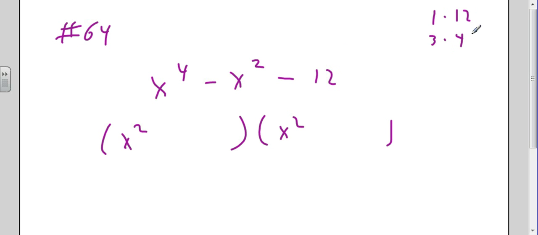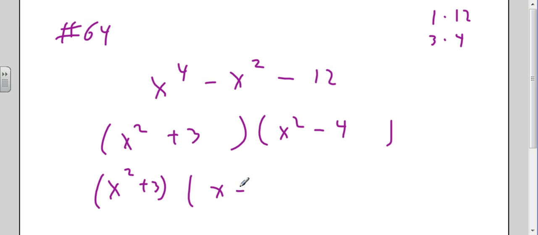Okay, if the 4 were negative, then I'd be there. Okay, so plus 3 minus 4. I recognize the 4 as 2 squared. X squared plus 3, x plus 2, x minus 2. Okay.